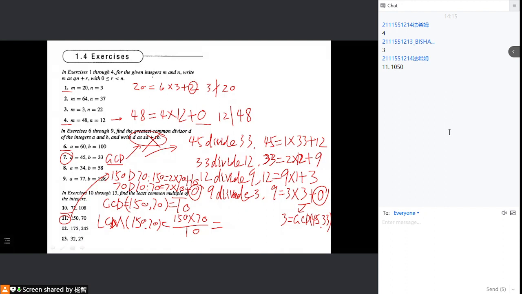What's the result? 1050. Okay, everyone, I give you 2 minutes to check your answer. Compare with yourself and understand the steps.